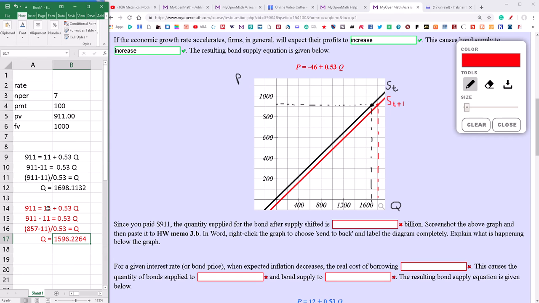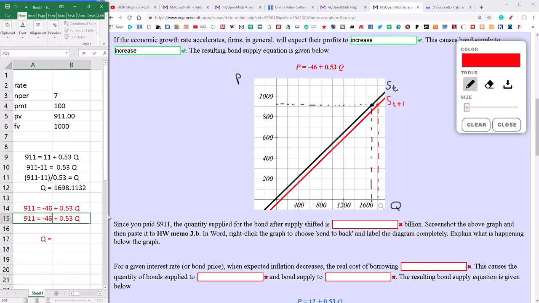Okay, so the old intercept was 11, right? The new intercept is minus 46. Okay. So let me just go ahead and delete that. Here we go. I'll copy this and paste it down here. Okay, so we got to add 46 to both sides, right?